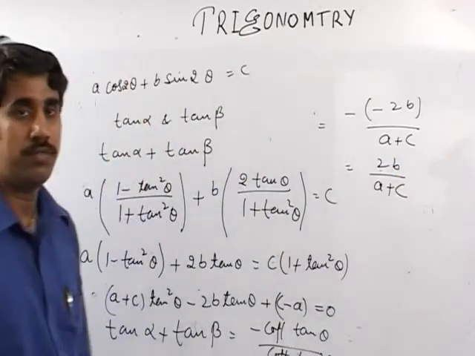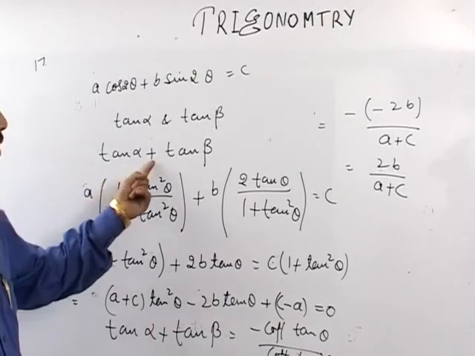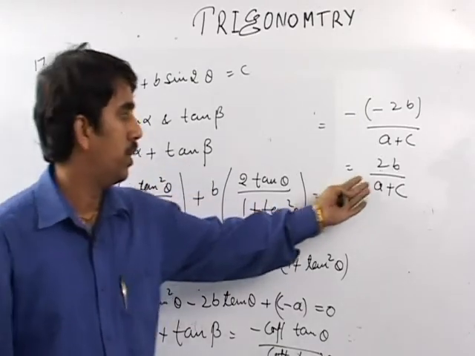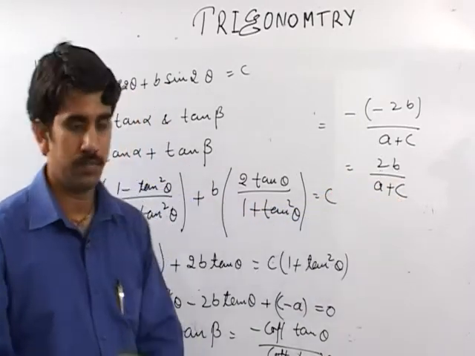So the value of tan alpha plus tan beta is equal to 2b over a plus c.